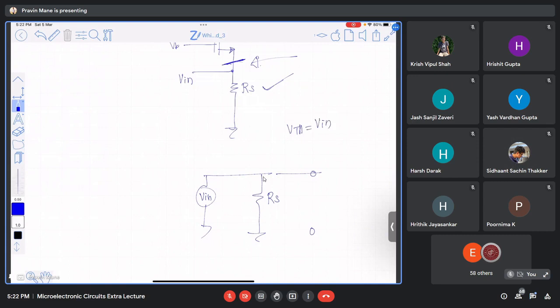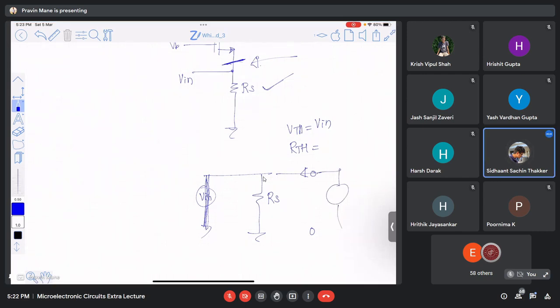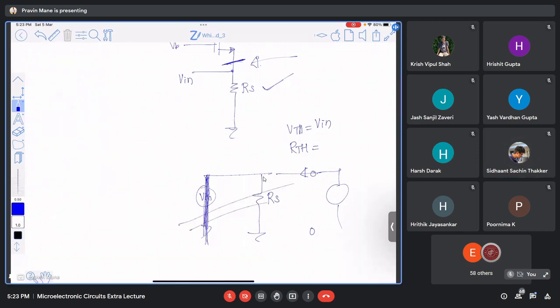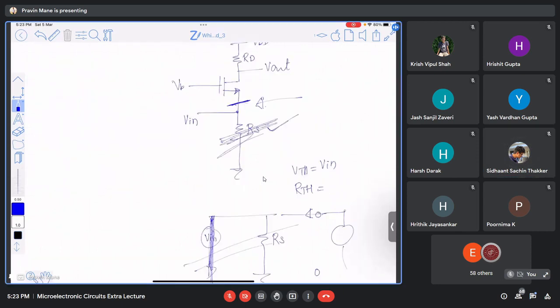And what is the resistance, RTH? What is the method? All voltage sources should be short circuited, and you apply a known voltage source and find out the current. RS, how is it? It is short circuited. So RTH is 0. RS is not there, so RS will not play a part in the calculation.